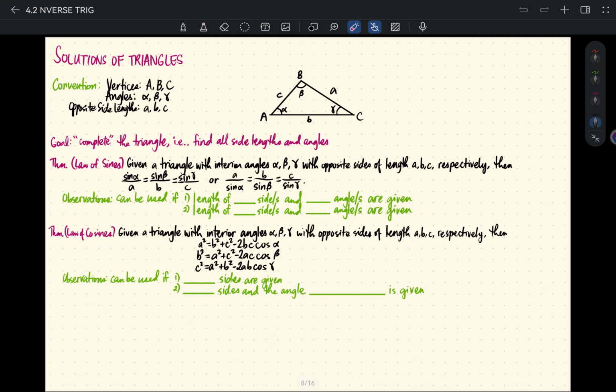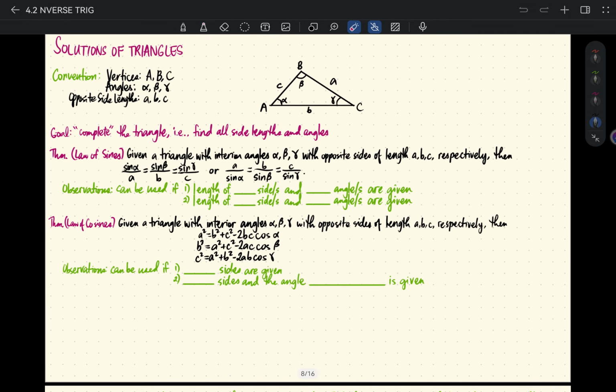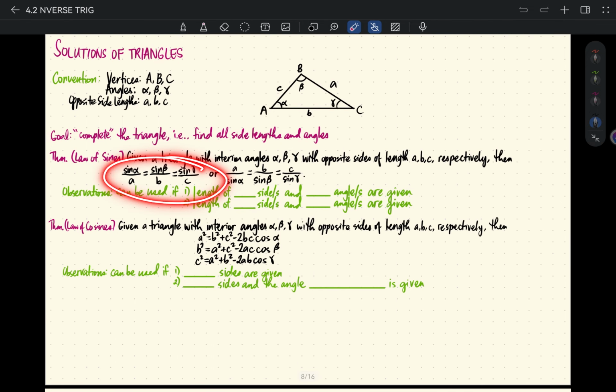First one is the law of sines, and it states: given a triangle with interior angles alpha, beta, and gamma with opposite sides of length a, b, c, then we have this equality right here. Sine alpha over a equals sine beta over b equals sine gamma over c.